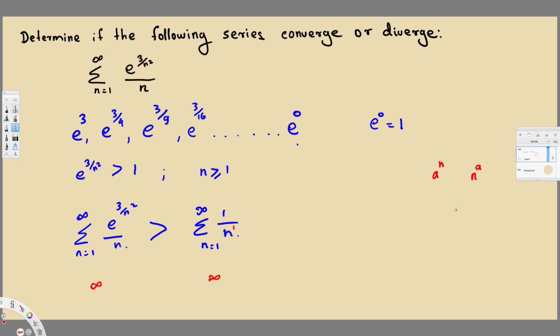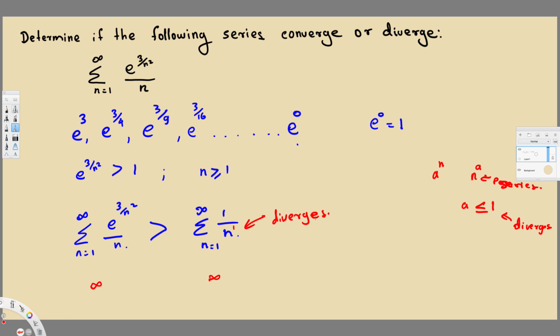In a p series, if this a value, this power, is less than or equal to 1, this one diverges, right? That's the main concept. If it's greater than 1, it converges. So here, if you notice, this is n power 1, so it's equal to 1, so this one diverges.